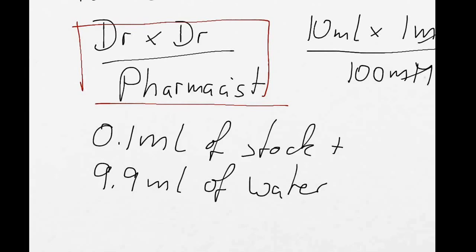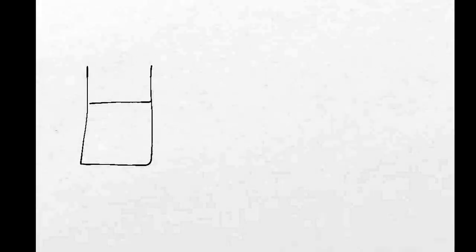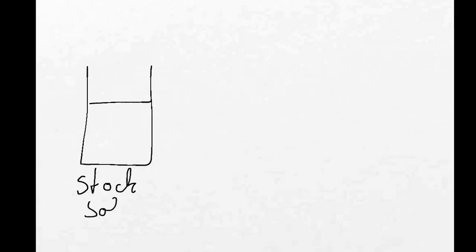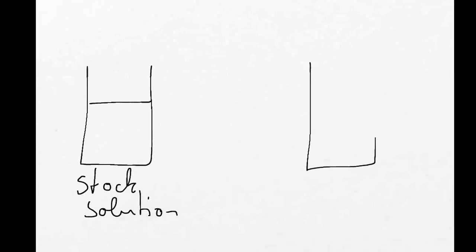You have been asked, for example, to do a 1 in 50 dilution. So how does that work? If in doubt, always draw a little diagram. Here you have your stock solution, and here you have your diluted solution.